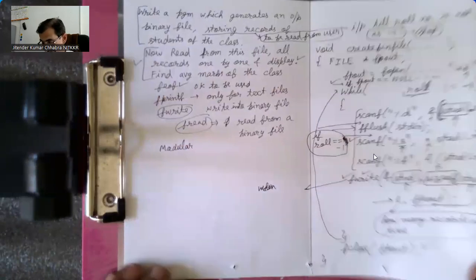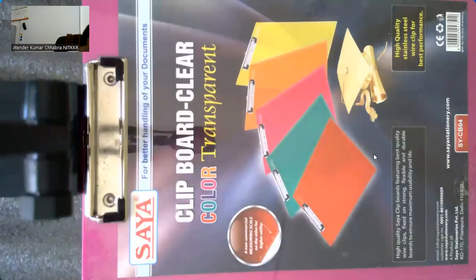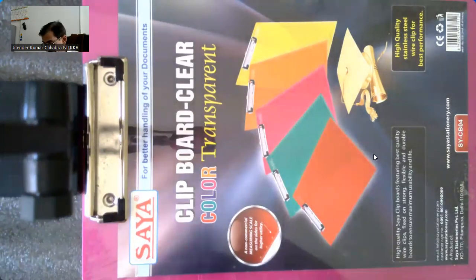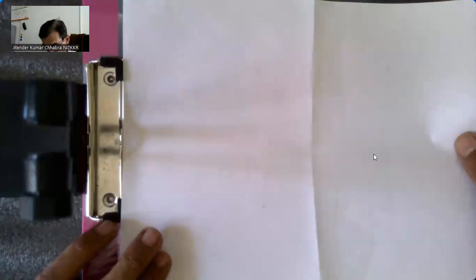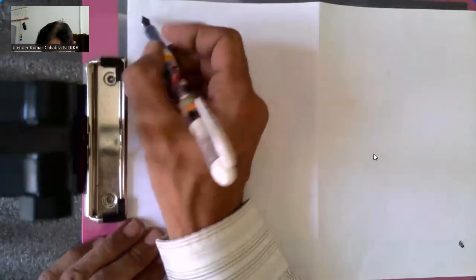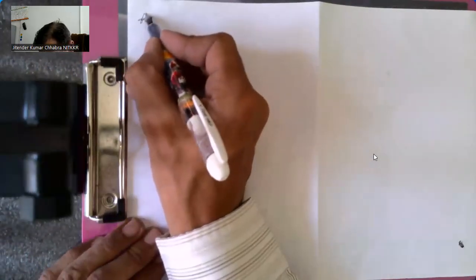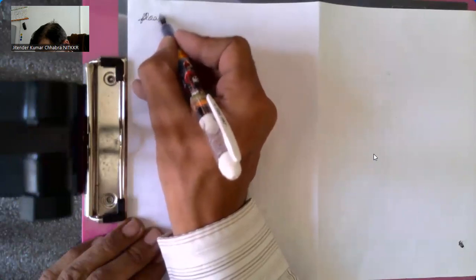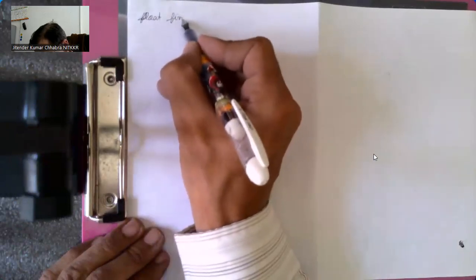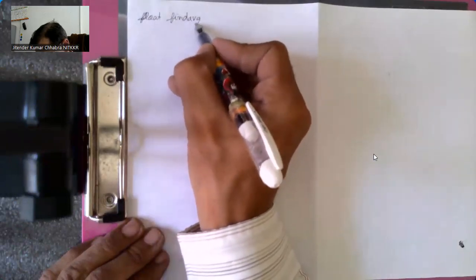Now I will leave it to you to try to write the code that reads from the same file. Meaning, I'm asking you to write the code for a function like, let's say, float findAverage, working on the data available in some file.